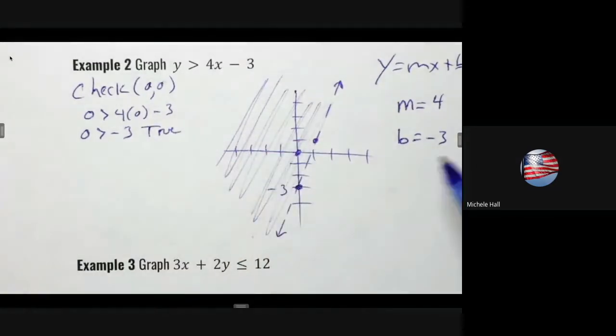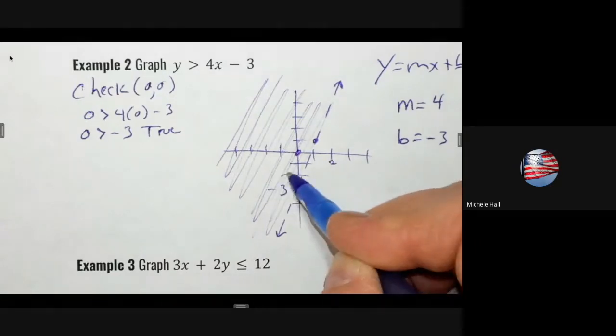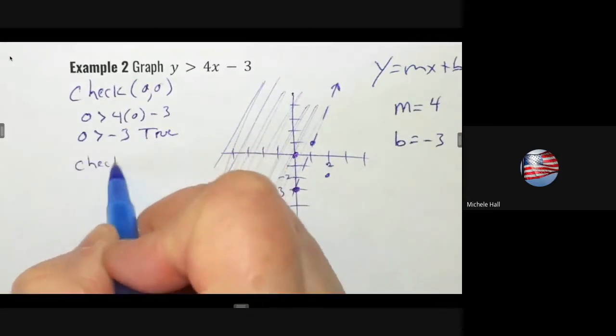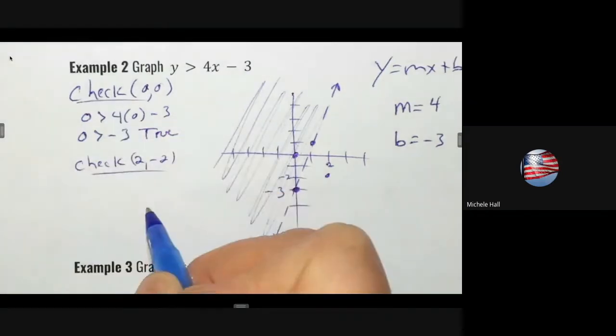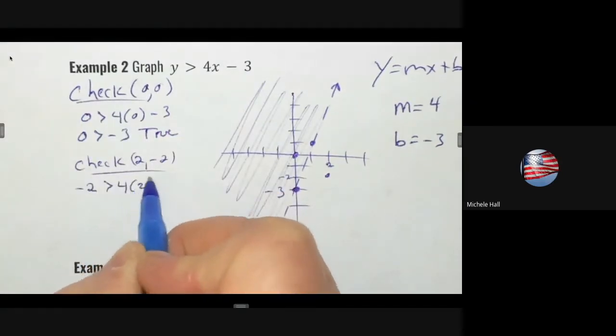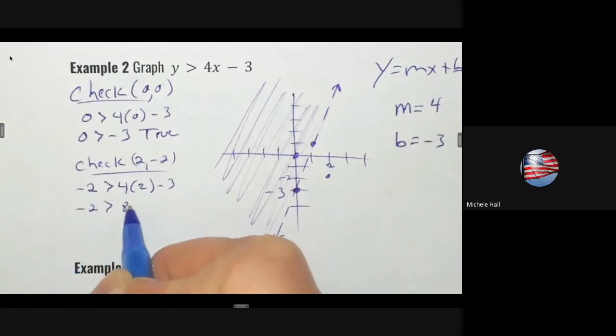Let's choose a point that's not up here. How about down here? Let's choose 2, negative 2. Y is negative 2. And then 4 times 2 minus 3. 4 times 2 is 8.